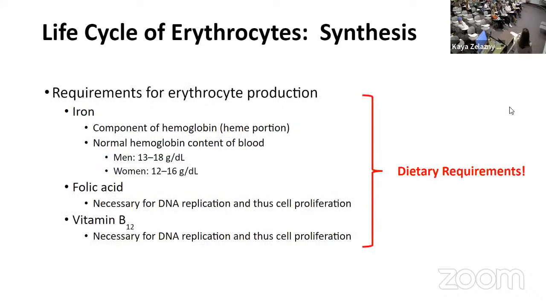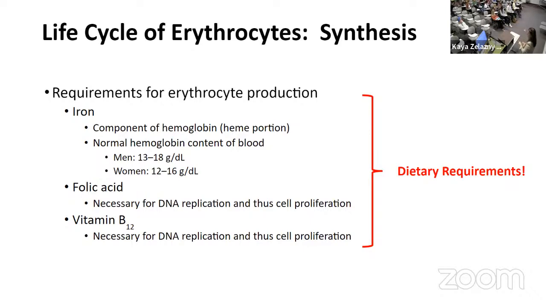Okay. Now we have some requirements for the production of our erythrocytes. Right? You need specific stuff in order to make a red blood cell. The main one that we think about on like a day-to-day basis in our own lives is probably iron. So iron is in that heme portion of the hemoglobin. Right?